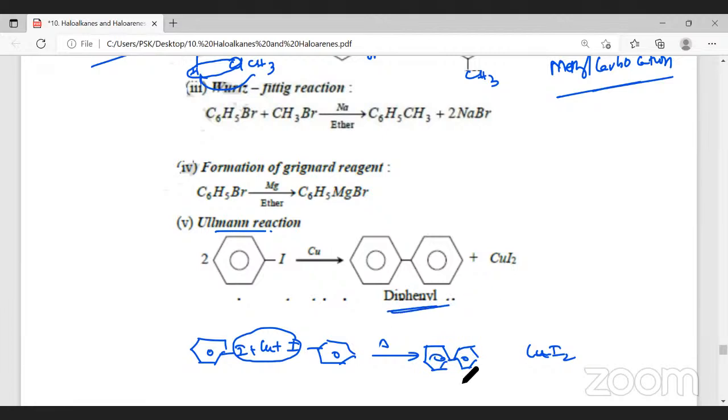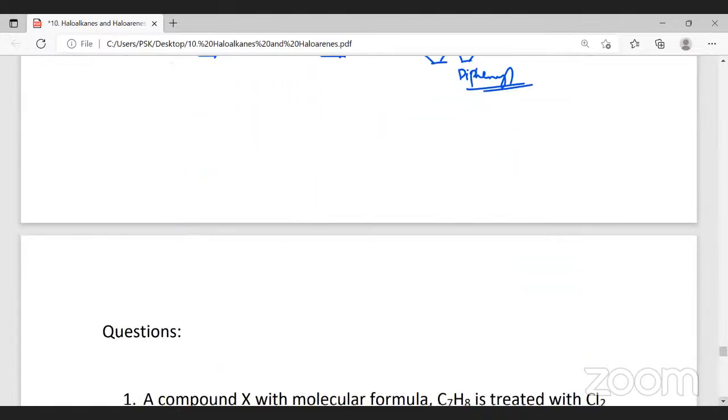That's called diphenyl. This reaction is called Ullmann's reaction. Reaction of iodobenzene with copper giving you diphenyl is called Ullmann's reaction.